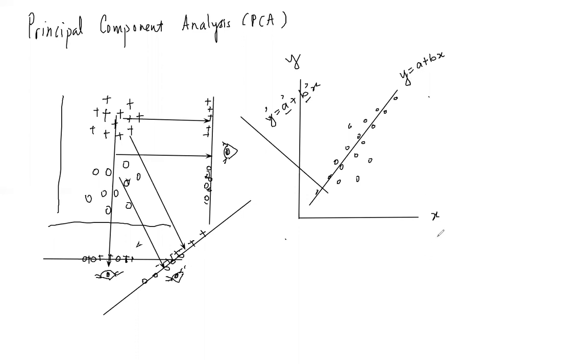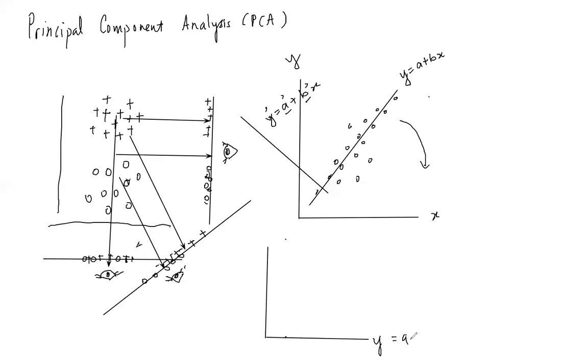Then you make a rotation. You rotate this so that this line now becomes horizontal. Then you are going to get one line like this, one line like this.